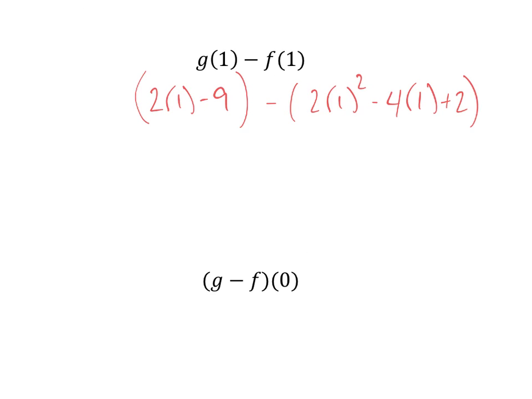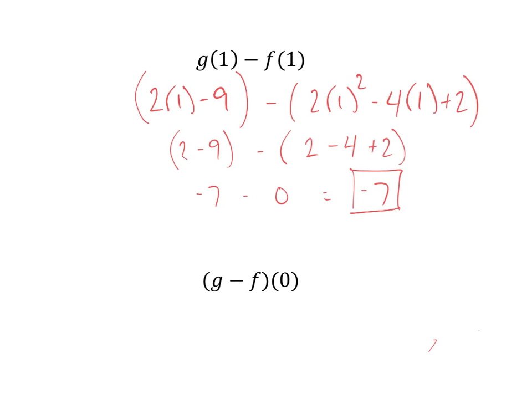Now all we're doing is simplifying these the way they are. We're just going to go through PEMDAS and simplify what's inside of each of these parentheses, and then we'll subtract the whole problem altogether. So 2 times 1 is 2 minus 9, that's what's left inside this parentheses, minus, well, 1 squared is 1, and 1 times 2 is 2, minus 4 times 1 plus 2, and we end up with a negative 7 inside this parenthesis, minus 2 minus 4 is negative 2 plus 2, which is 0, so this gives us a negative 7.